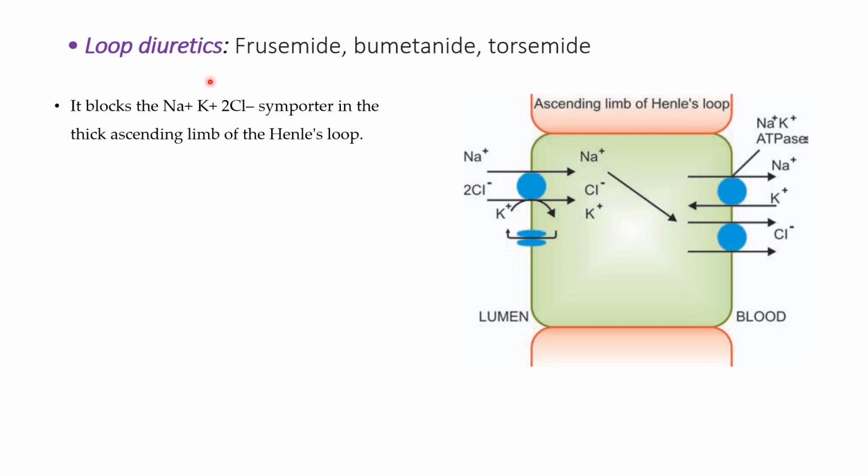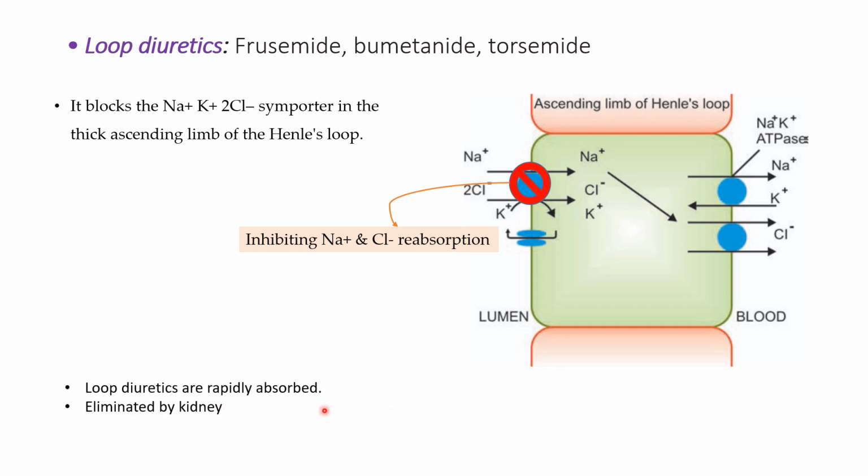Our drug, the loop diuretic, will block the sodium potassium 2 chloride symporter and thereby inhibit sodium and chloride reabsorption. When there is no reabsorption, the sodium and chloride remain in the lumen. Whenever there is sodium, it will hold water. So the urine present in the lumen is more diluted and ultimately it will increase the flow of urine from the body.